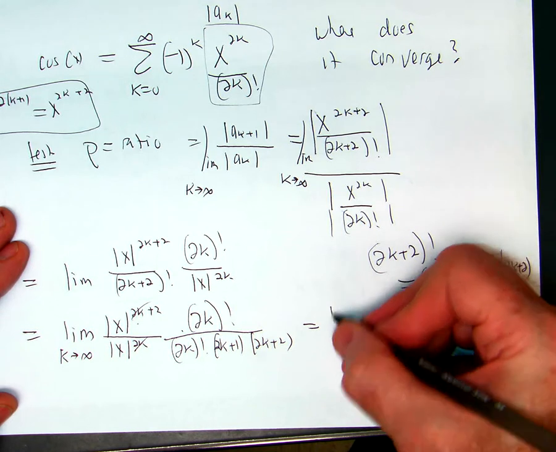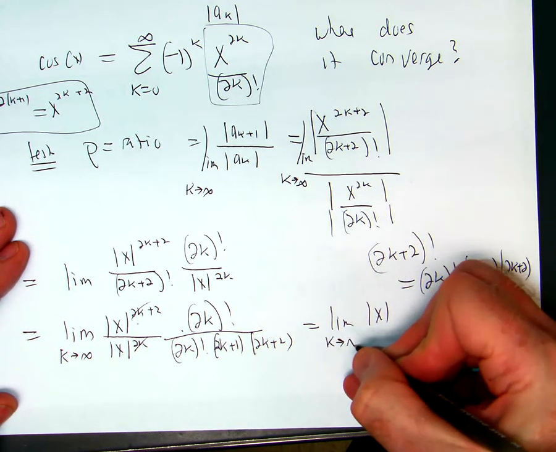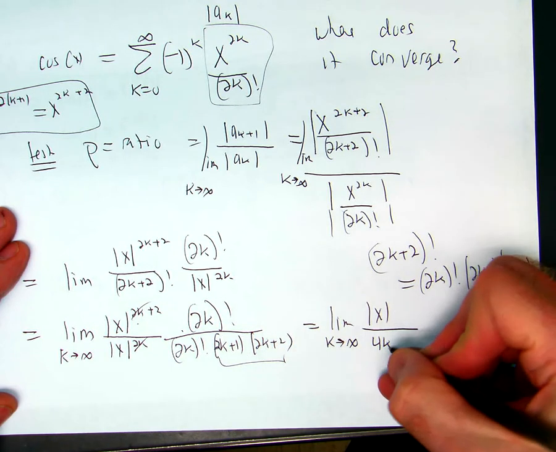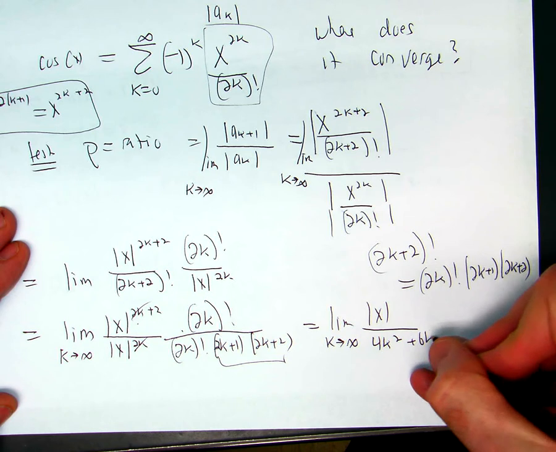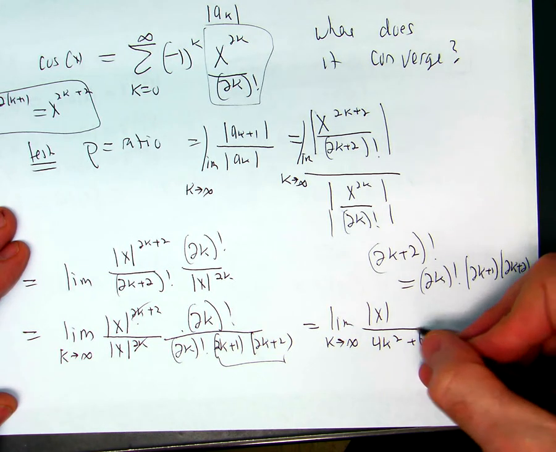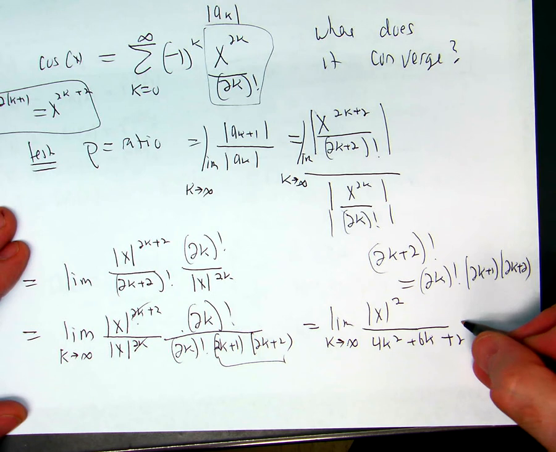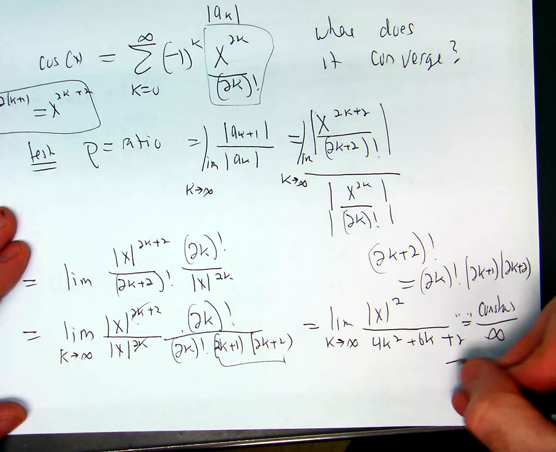So I'm going to get absolute x squared as k goes to infinity. In the bottom, if I multiply this out, I get 4k squared. 2k plus 4k is 6k plus 2. But what's that limit? I'm sorry, this should be squared. This is going to be equal to some constant over infinity, and that's just going to be 0.